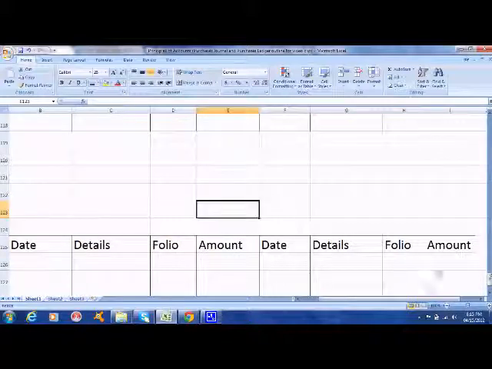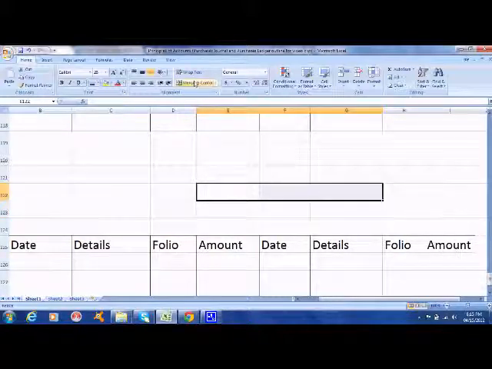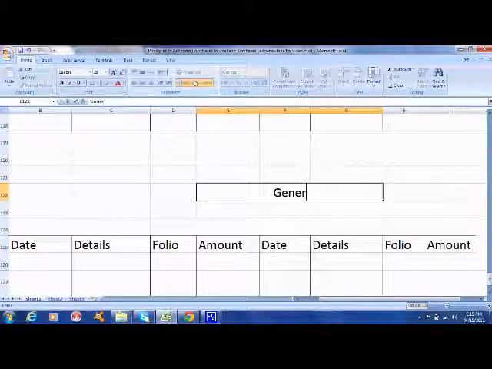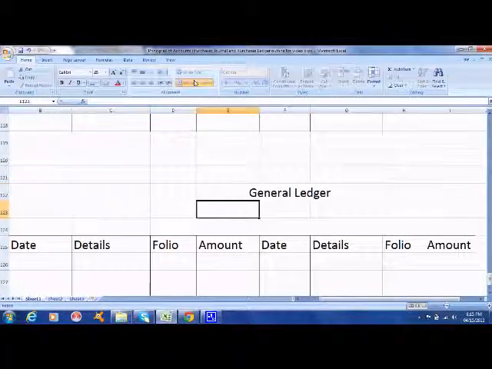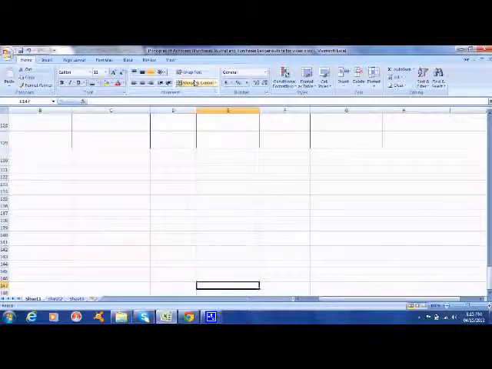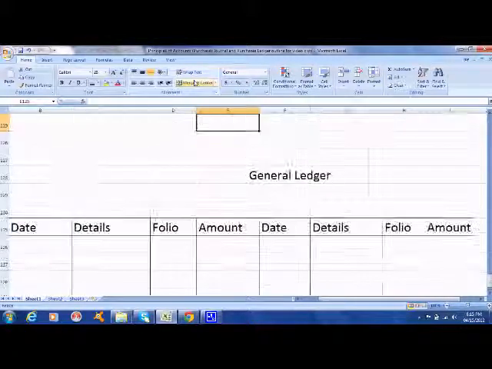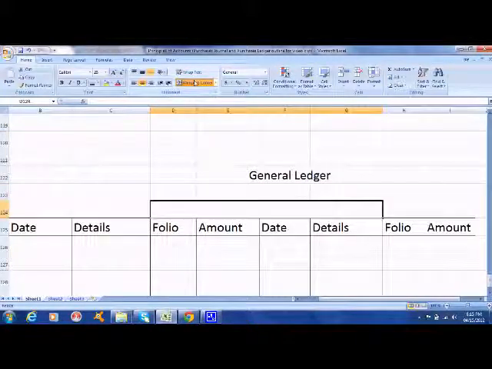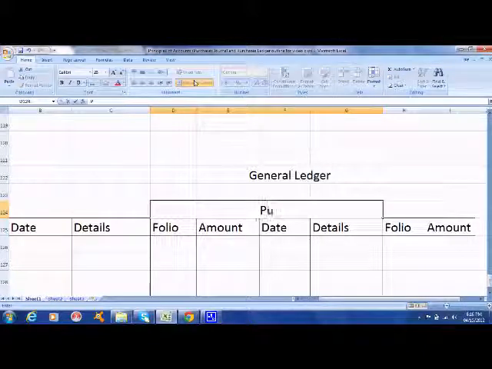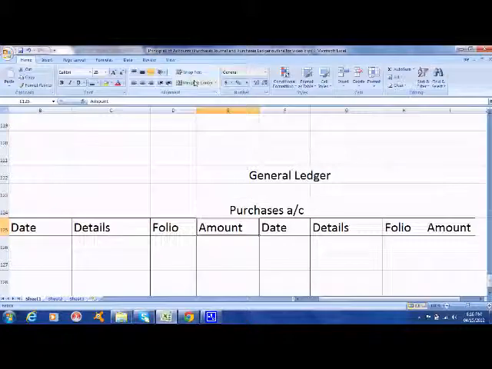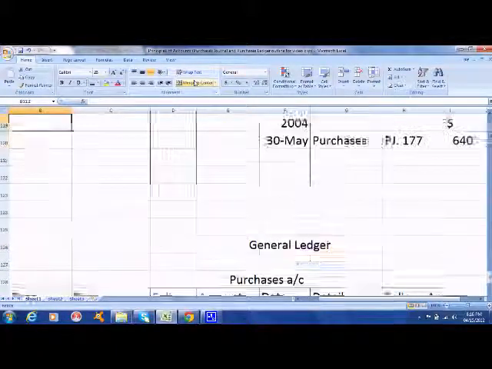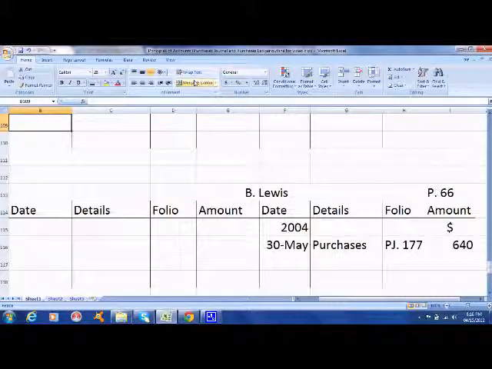We call this one the general ledger. In this case, we're going to write these purchases, and to denote that account, we write A/C. Now we're going to do the opposite of what we did up here.